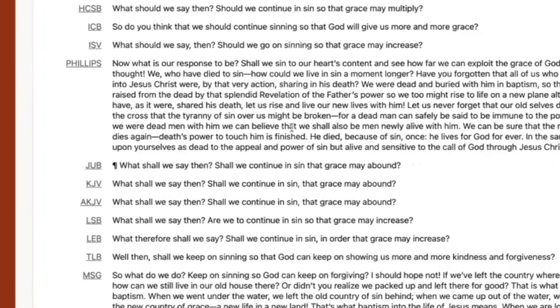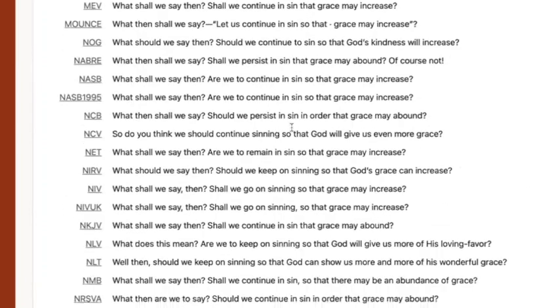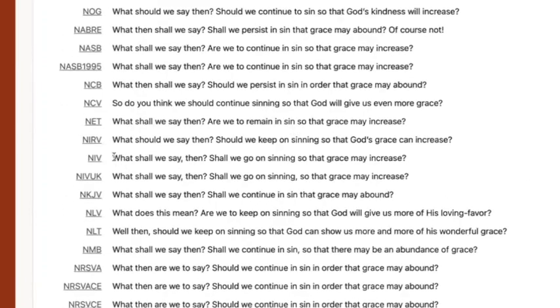Now let's find one that's more in the middle, the NIV. What shall we say then? Shall we go on sinning so that grace may increase? Now, I think the NIV has it wrong. They turn sin here into a verb. Paul does not use the verb sinning here. And so the NIV, I believe, is a wrong translation of this verse.